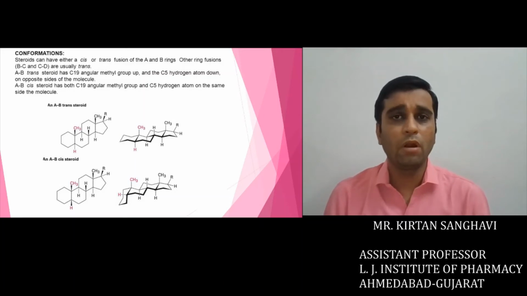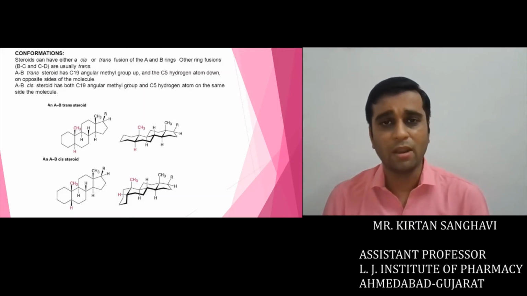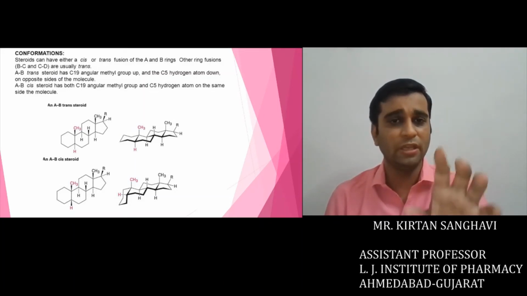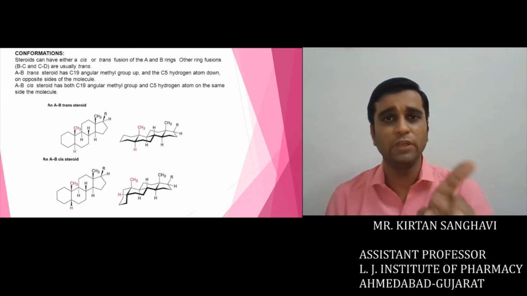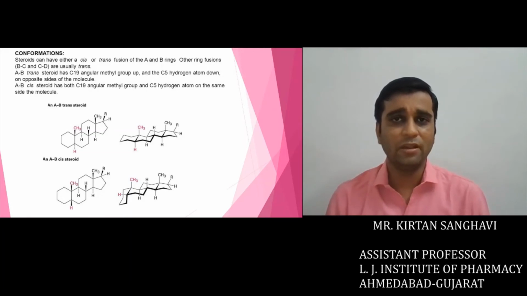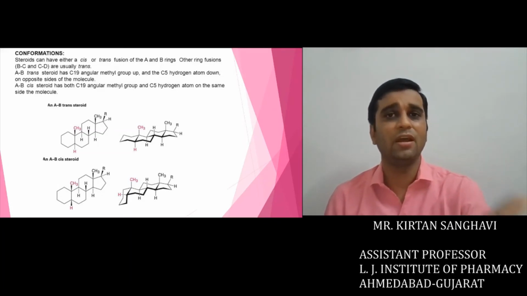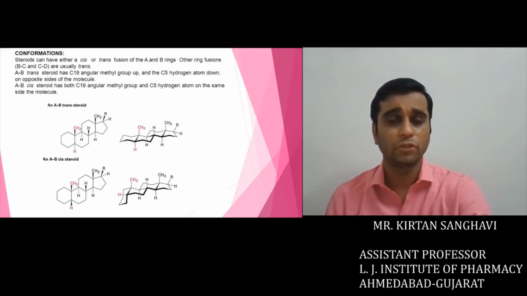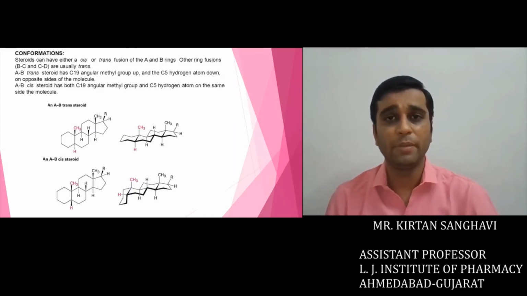Here is one more presentation part, that I have mentioned the two structures in both formats. The first structure above is the AB trans steroid, and the other structure is the ABC steroid. On the right hand side I have mentioned both the structures in a conformational form, so that you can clearly distinguish how it is to be drawn in the paper.